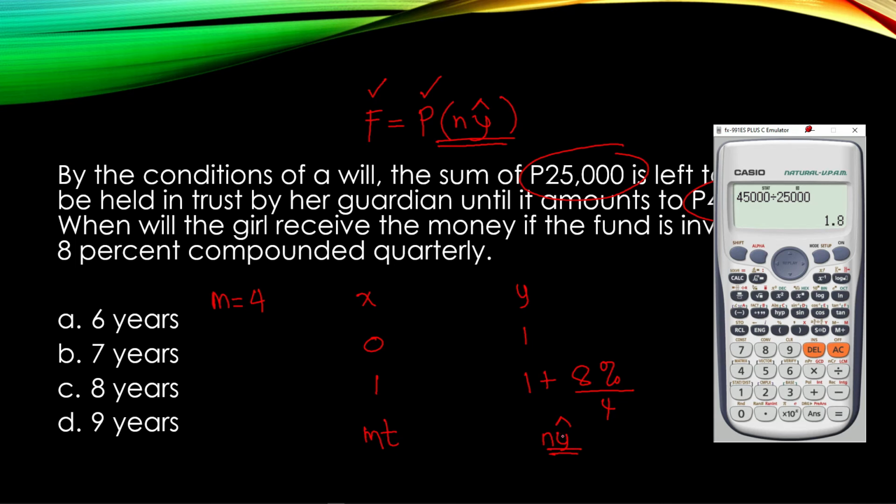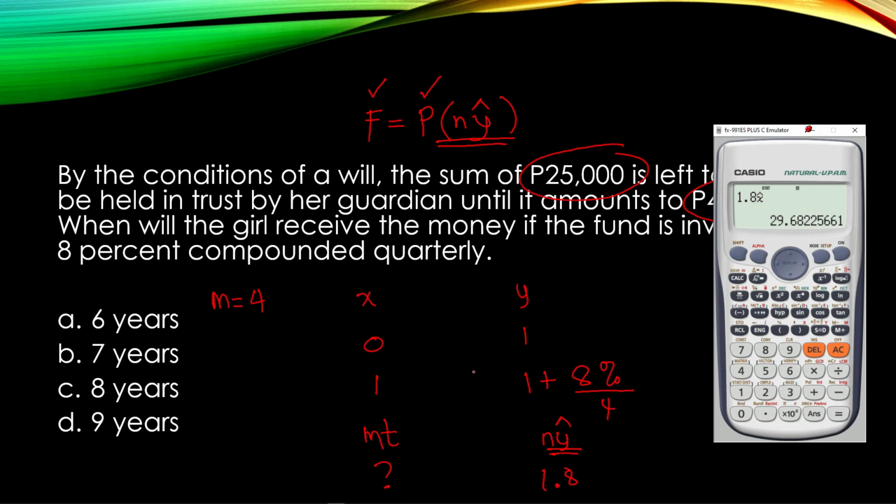Now, to get the value of MT, so yung X hat natin, so probably it's just 1.8 X hat. So, ito yung hinahanap natin, yung time. Okay. So, we have 29.68.